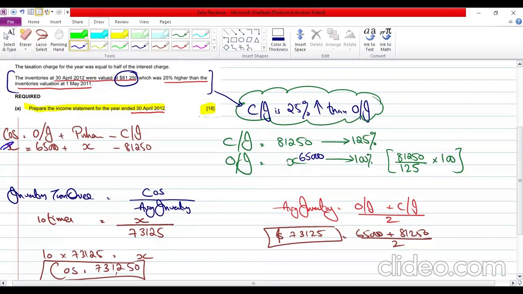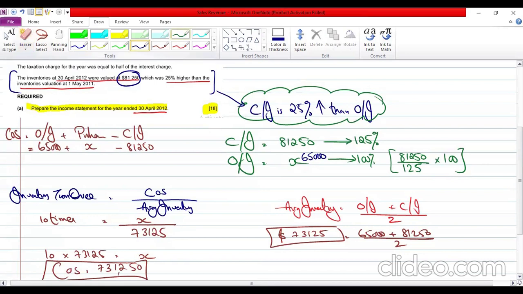So after a long journey, we are now able to find cost of sales, which is 731,250. We put 731,250 here.